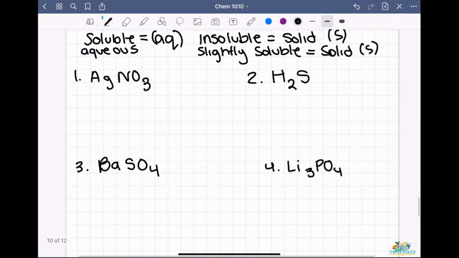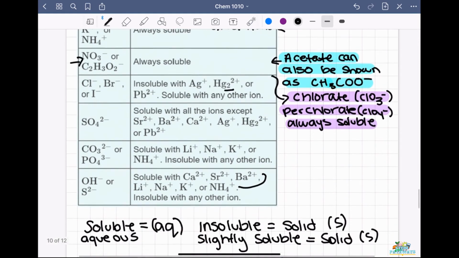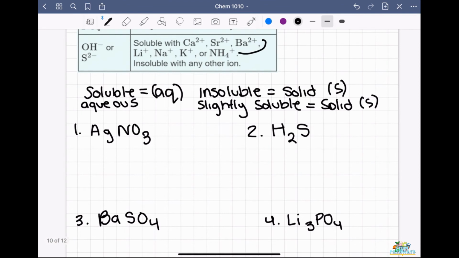So here I added a few examples to practice. So here we have silver nitrate, and looking at our solubility rules, we see right here rule number 2 that nitrate is always soluble. So since Ag has a plus charge here, that means that it would be aqueous and it would dissociate into Ag plus and NO3 minus when put in any water.